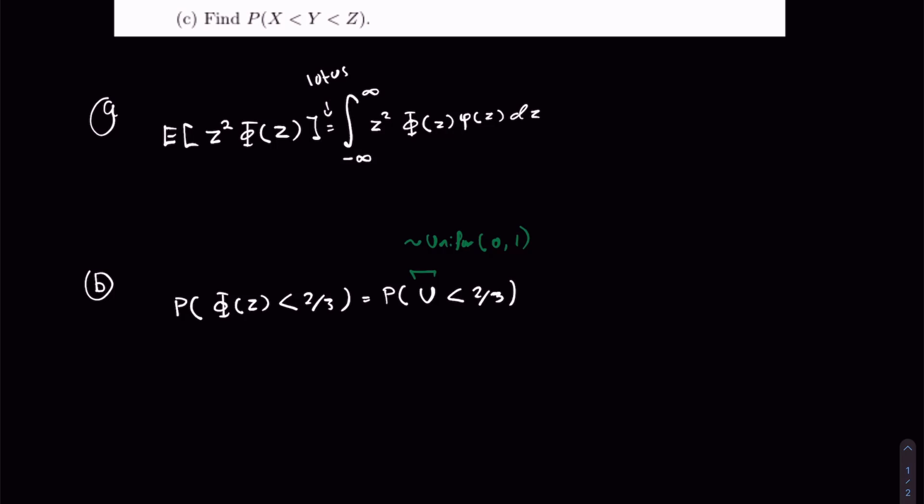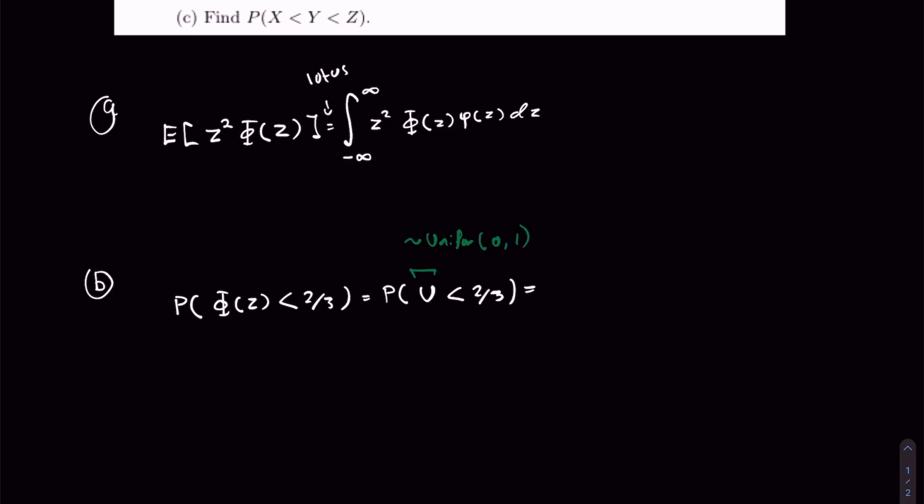Now we're in the domain of the uniform, and the probability of this event is just the length of it.